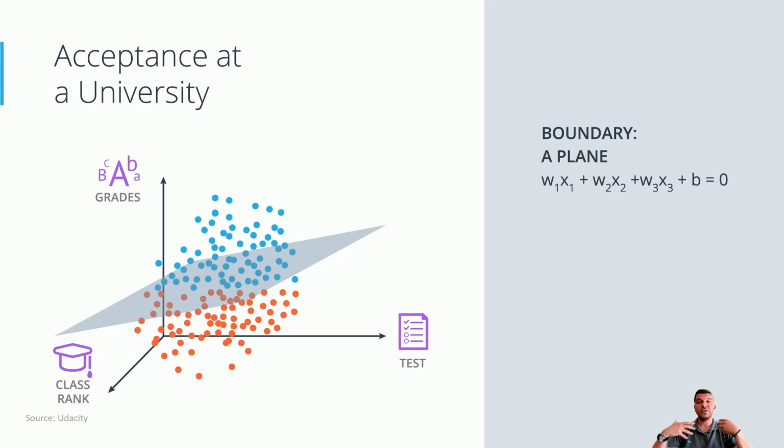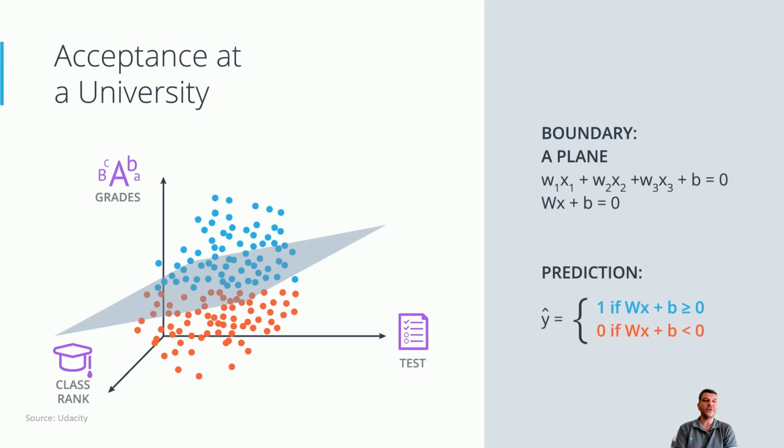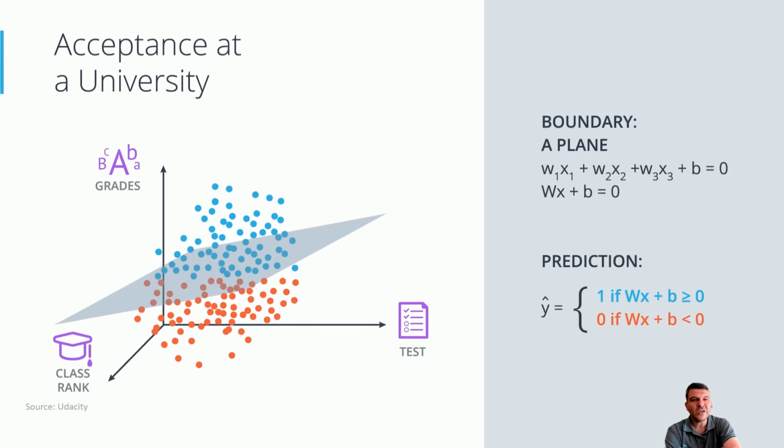Even though the dimensionality changed, we simply introduced one more input, nothing more. And we can still write it as Wx plus b equals 0, where the prediction is still the same: if the result of our equation is greater than or equal to 0, we assume that the student got accepted, otherwise he got rejected. Now, what happens if we have even more?